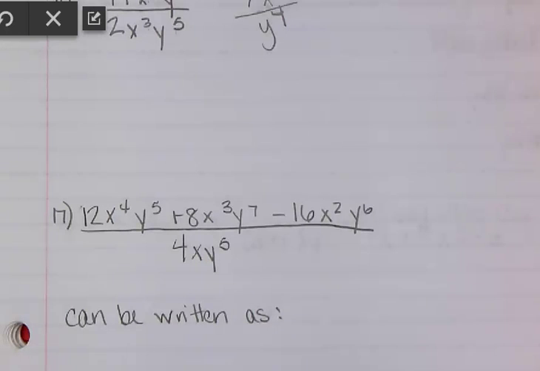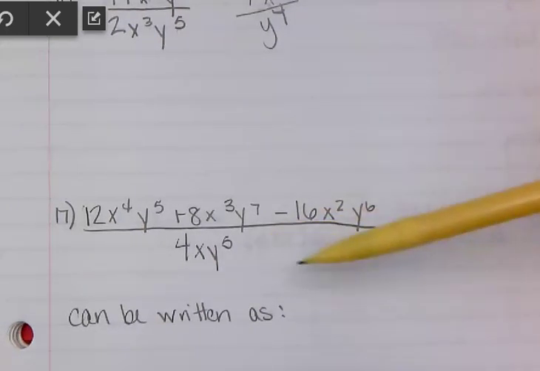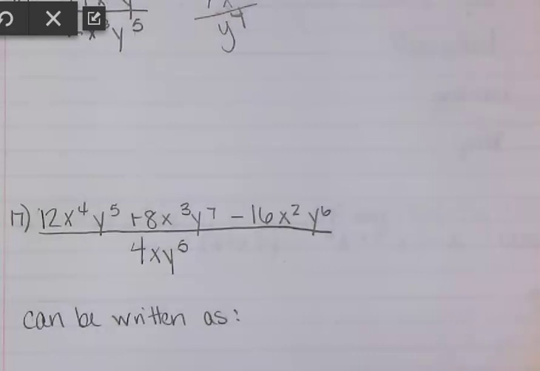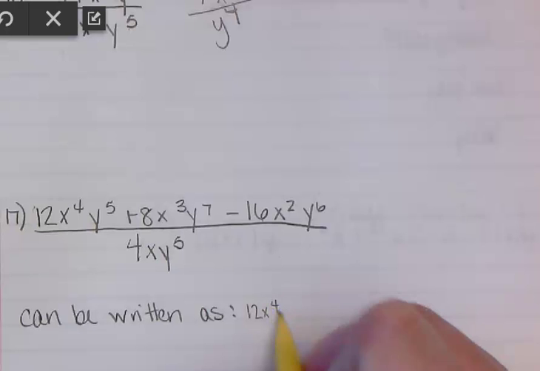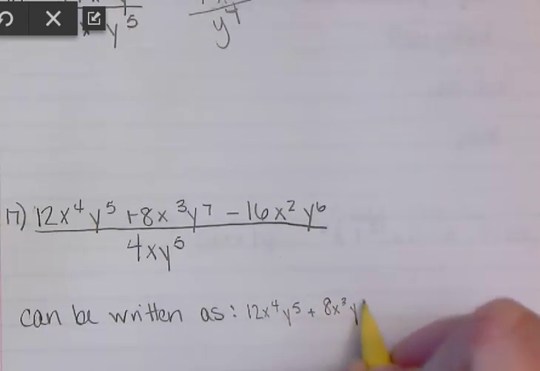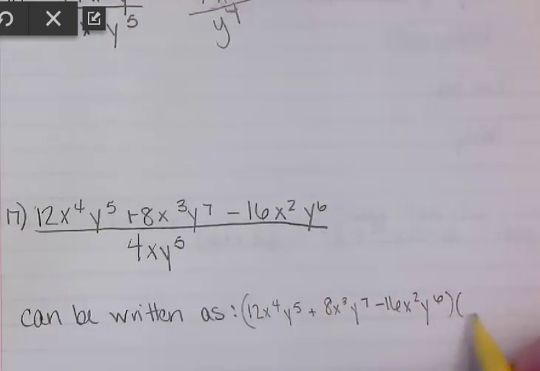Alright, so here we go with number 17. On number 17, you have a polynomial divided by a monomial that is written as exactly that, or you can rewrite it as a polynomial times a monomial with an exponent of -1.